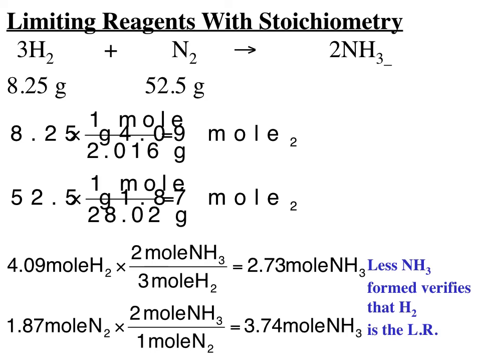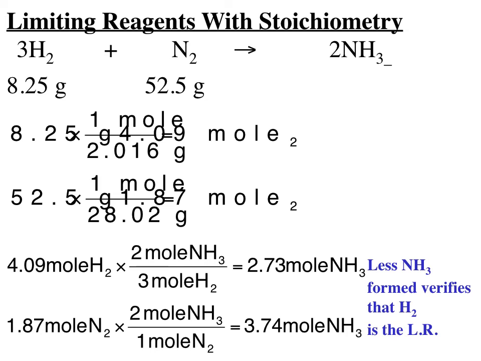And I began with 1.87 moles of N2, so I check how much NH3 is formed if I used all the N2. There's a 2 to 1 stoichiometry between the NH3 and the N2.